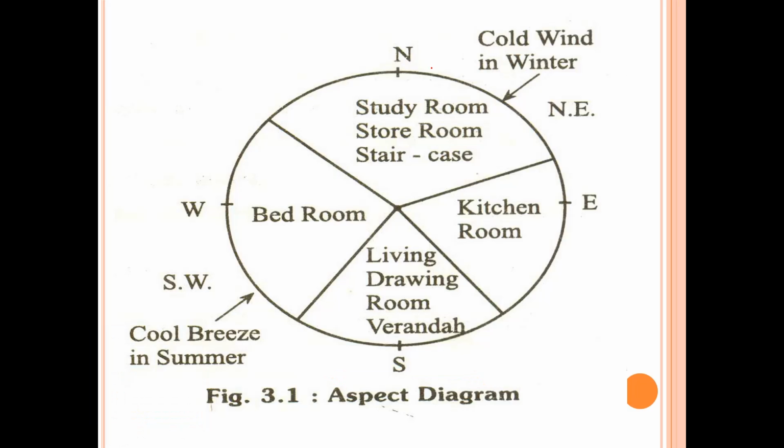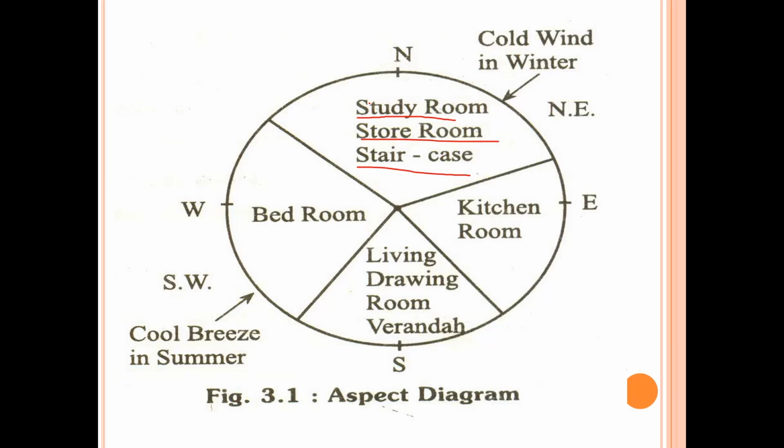So here you can see in the northern region, in the north side of the home, these rooms should be located: study room, storeroom, or staircase. Why have these rooms been placed there, or the windows of these rooms on the northern side? From the northern side, glare free light enters into the house.